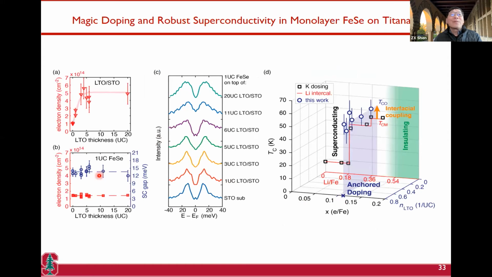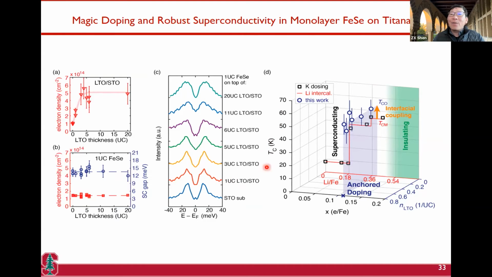So in other words, even though for your substrate you can see the electron density at low thickness changes a lot, the carrier density as measured by the Fermi surface, as well as the superconductivity as measured by the gap, seem to be completely robust in this system, almost as if there's a magic doping in this system.